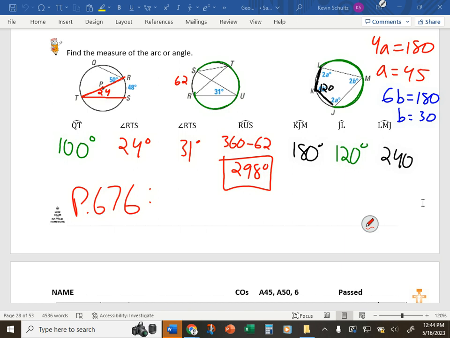You are to do 3 through 8. 13 through 15. 18. And 40 through 42.